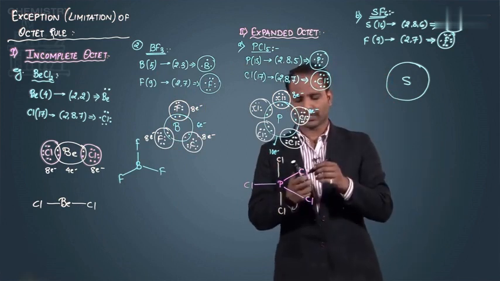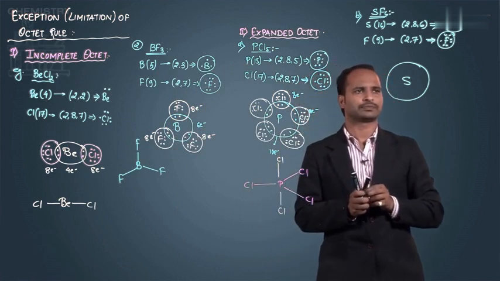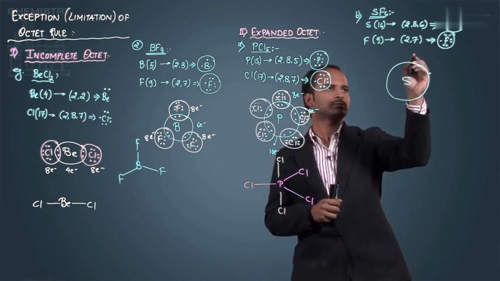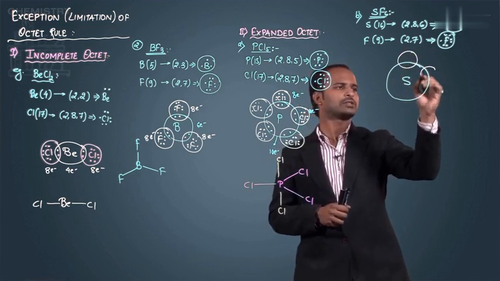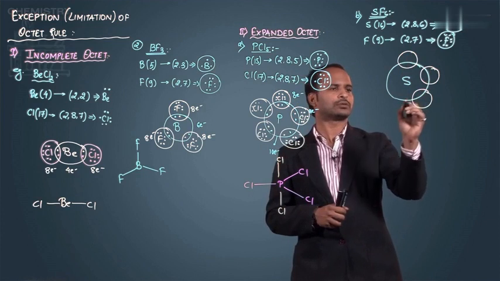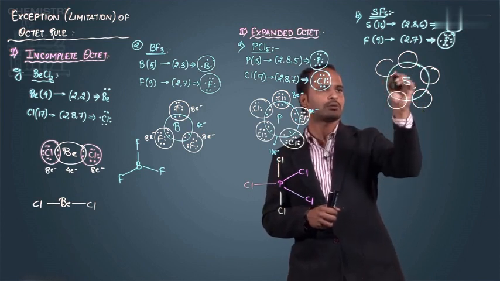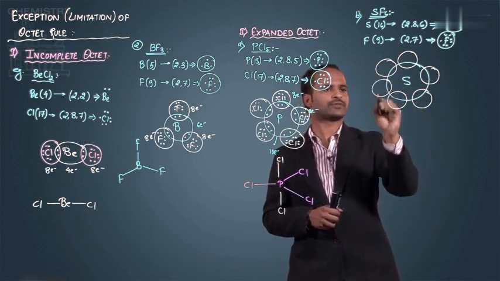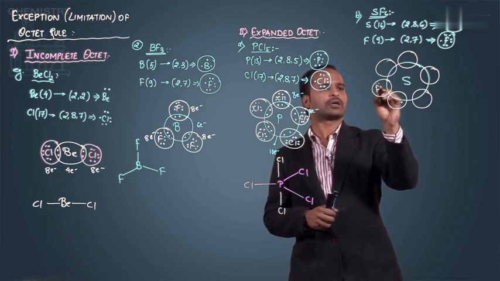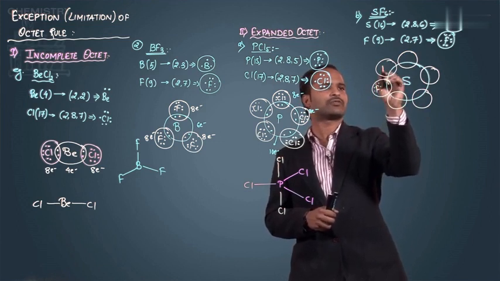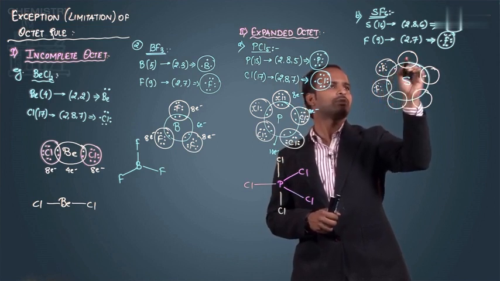Okay, so the SF6 molecule: first fluorine here, second fluorine, third, and sixth fluorine. Each fluorine has 7 electrons and shares 1 electron with the sulfur.